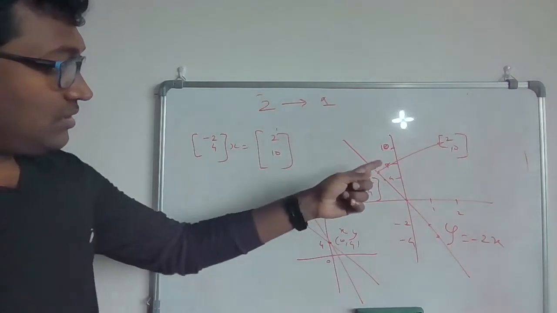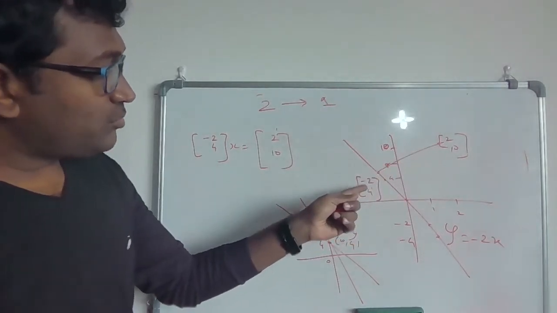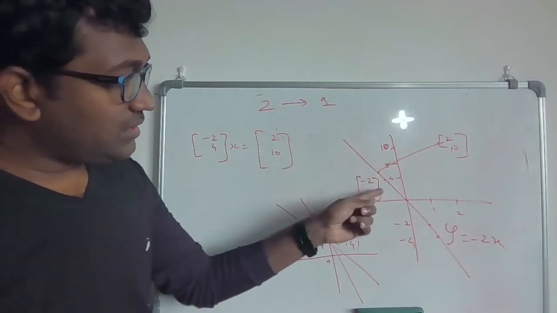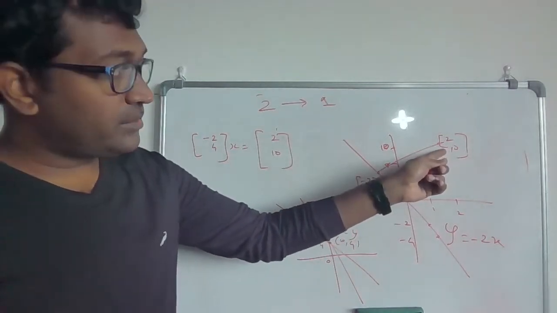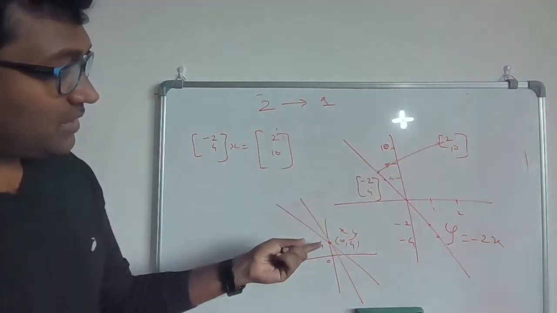But in this problem, we have -2, 4 as a random point on this line, and 2, 10 as the point for which we wanted to find whether there is a solution. You will not find a solution because it is not part of this line.